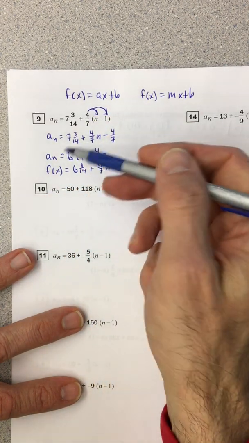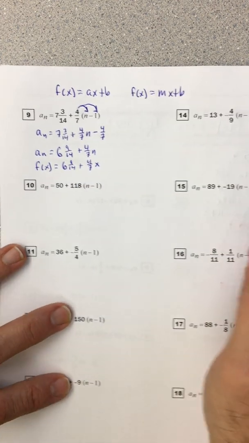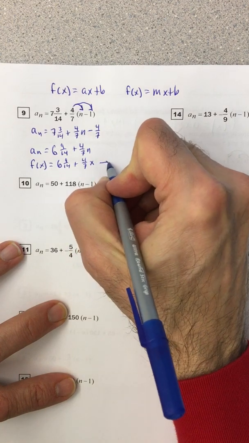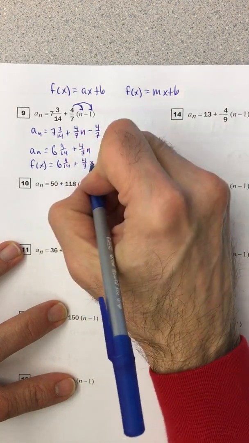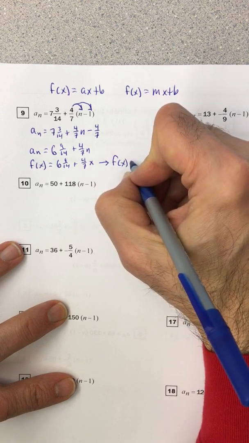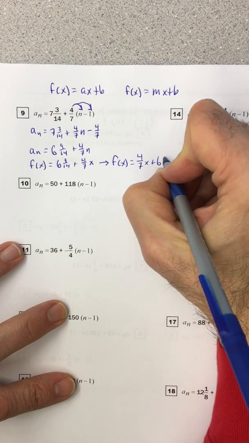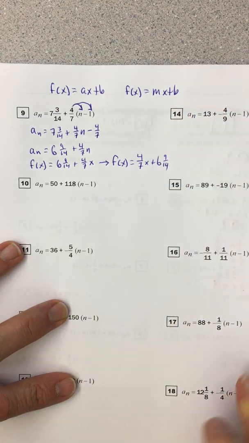Change my n to an x. an becomes f of x. I want to put the x first. This is standard, more common. f of x equals 4/7 x plus 6 and 9/14.